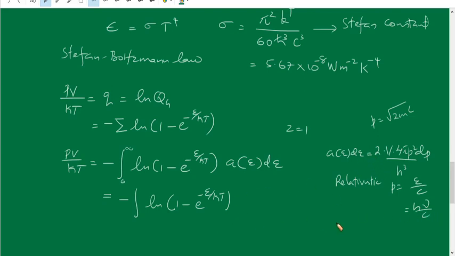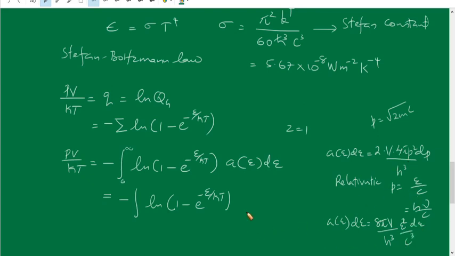So if we substitute here, then A of e dE will be equal to 8 pi V divided by h cube, E square dE divided by c cube.